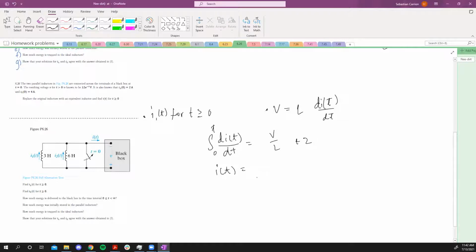So we have 12, and the inductance across is 3.